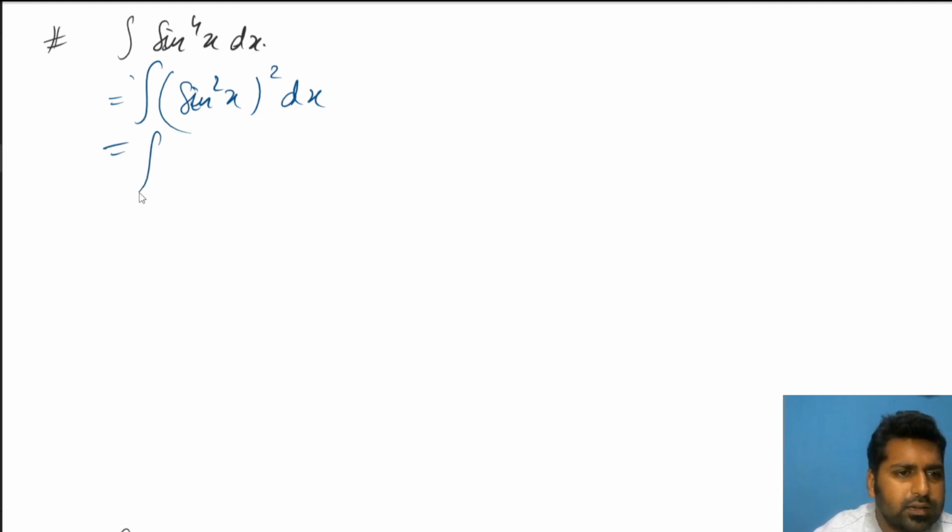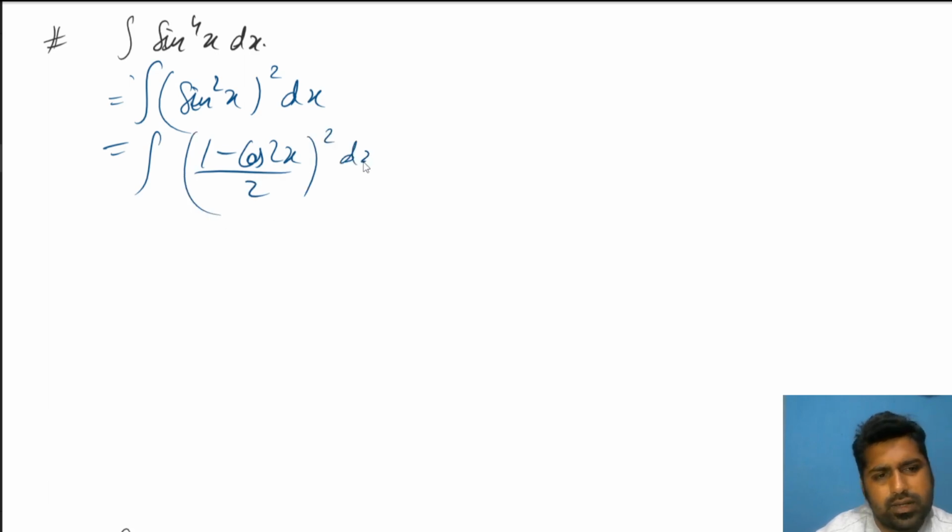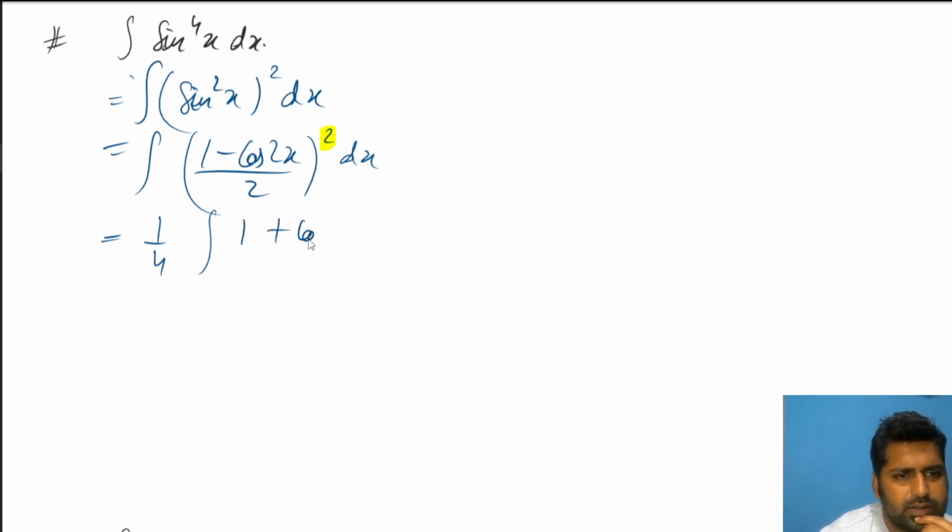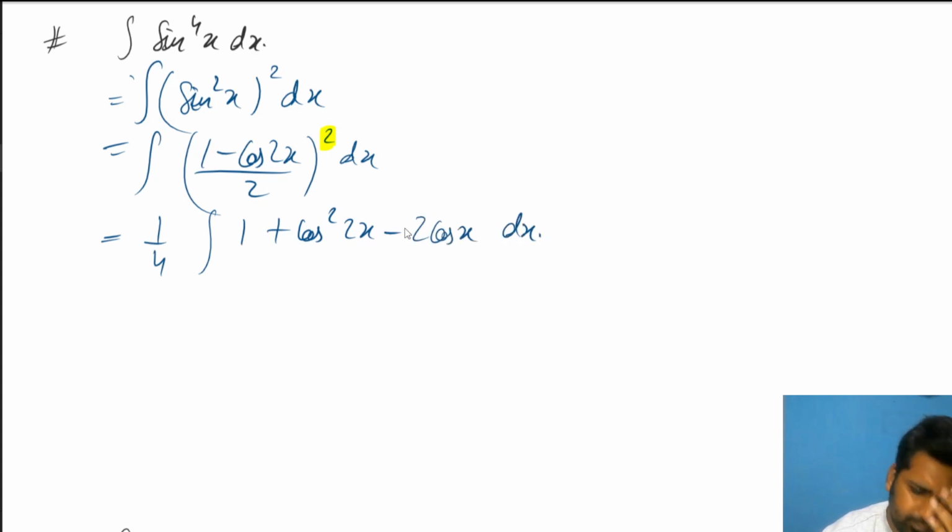How do we integrate? We write this as 1 minus cos of double angle by 2, but there is a whole square in it. The problem is this whole square. Without this I could have done this, but with this I cannot proceed further. So I'll open it. 1 by 2 square is becoming 4, so I'm writing 1 by 4 outside: 1 square plus cos square minus 2 cos x dx.